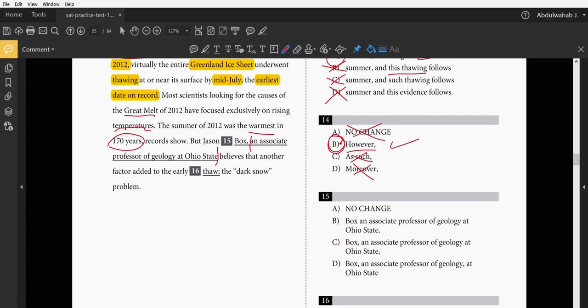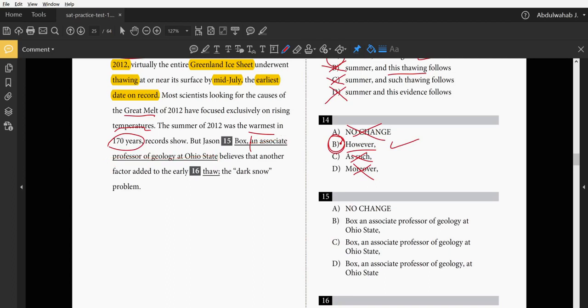It is an element in the sentence that is not necessary to the sentence itself, which we could cancel if we need to, and the sentence would still retain its meaning. So: "But Jason Box believes that another factor added to the early thaw."